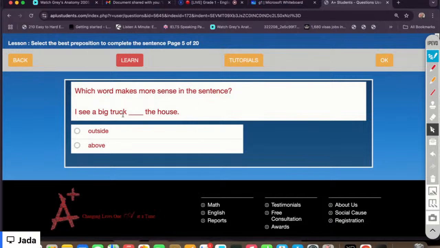I see a big truck dash the house. So is it outside or above the house? Remember that if we're saying above, above means like on top of something. So I see a big truck outside the house or above the house. So we have to choose the right one.